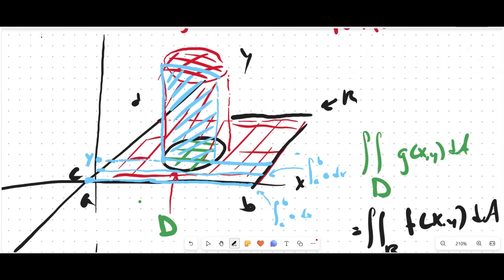So along that line, you integrated from A to B, F of X, comma, Y initial, dx, right? You fixed Y initial and you just have a function of X.